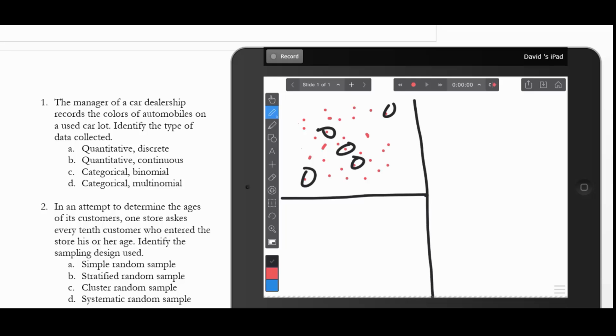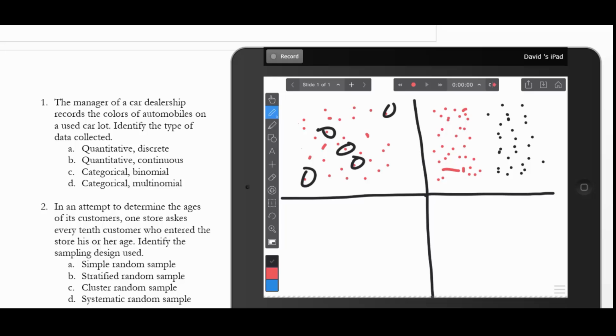And so if we had a stratified random sample, that would mean that we have some characteristic that differentiates one group from another. And this could be upper and lower classmen, male and female, or whatever. And we want to take a random sample from each population.